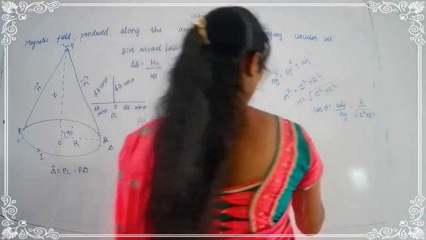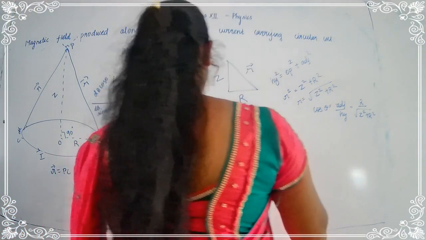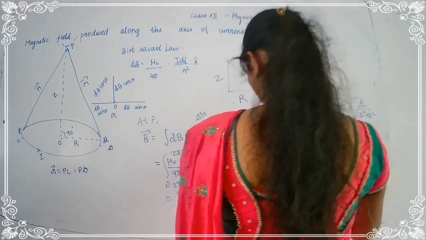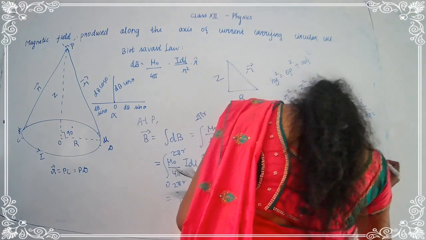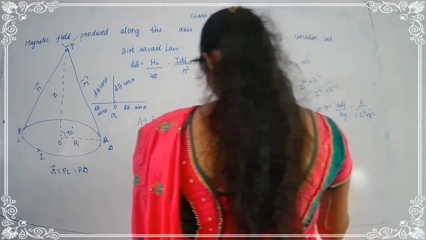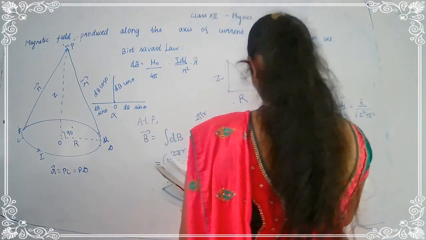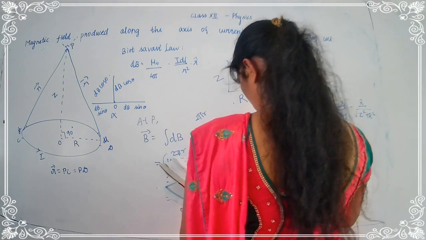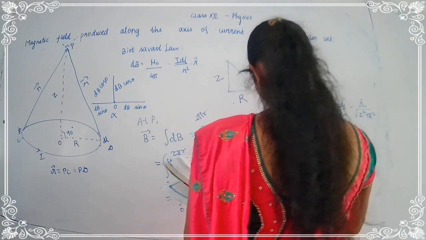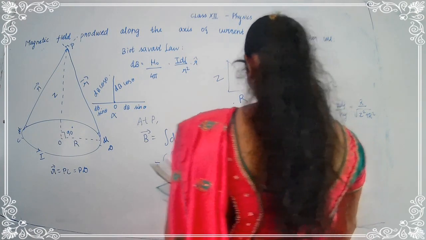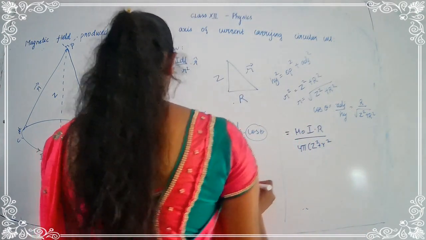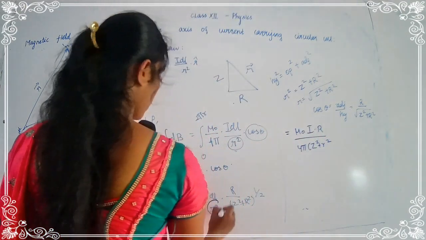Now take the values outside, that is mu naught I into r by 4 pi, z square plus r square. The r square is what? z square plus r square, no?